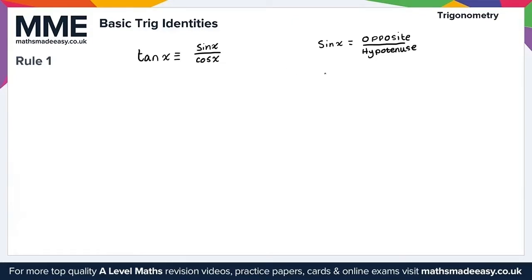And we can also express cos x as the adjacent over the hypotenuse. And we can use these trigonometric ratios, using this identity that sine x over cos x gives us tan x.